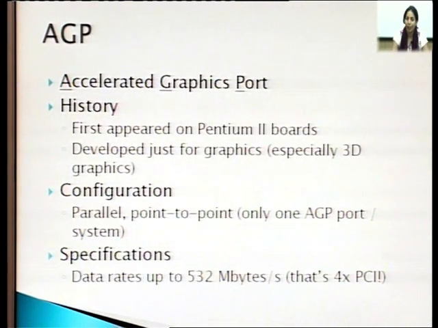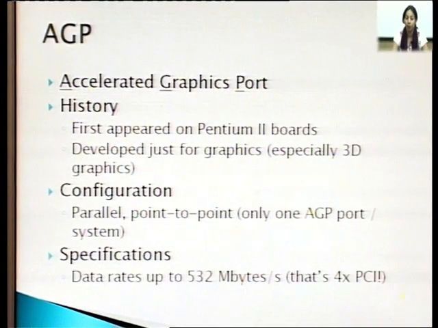Then the third is AGP, the accelerated graphics port. It first appeared on Pentium 2 boards and was dedicated just to graphics, especially 3D graphics. The AGP port is provided for graphics, and as we have seen, it is used widely for three-dimensional graphics. Configuration is the same, parallel and point to point. The data rate is up to 532 megabytes per second, which is 4 times that of PCI.